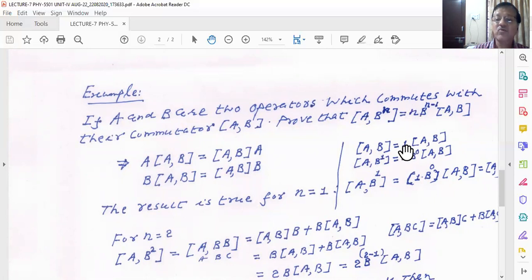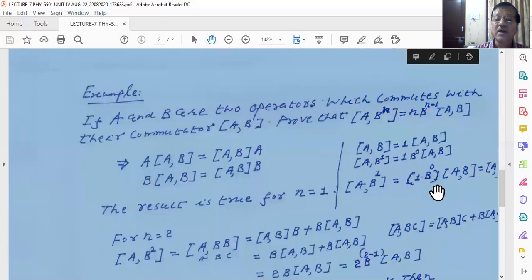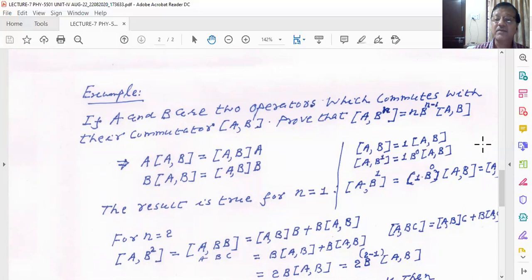So for n equal to 1, this law is already satisfied, and we can say the result is true for n equal to 1. It is already established here, because I can write the commutator of AB as 1 into the commutator of AB.